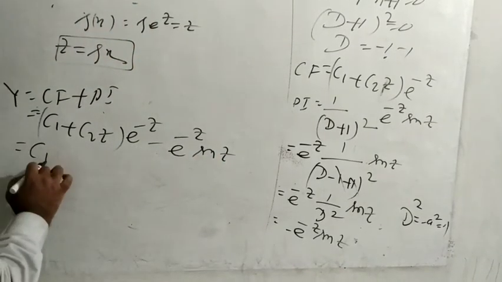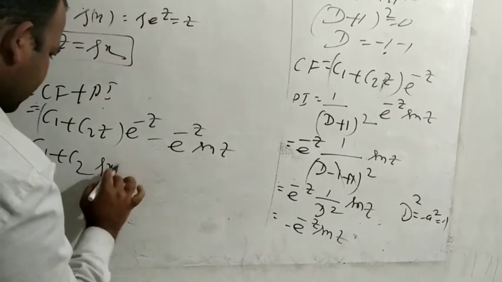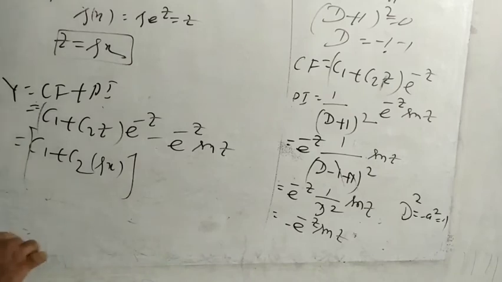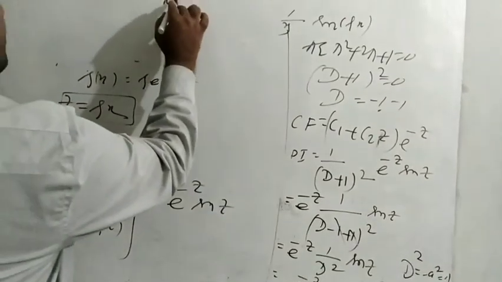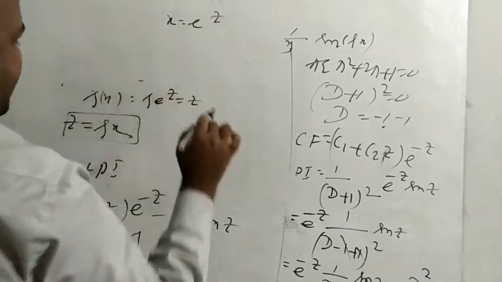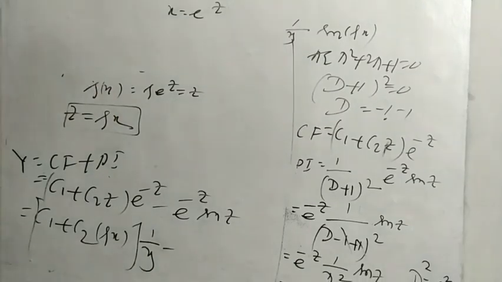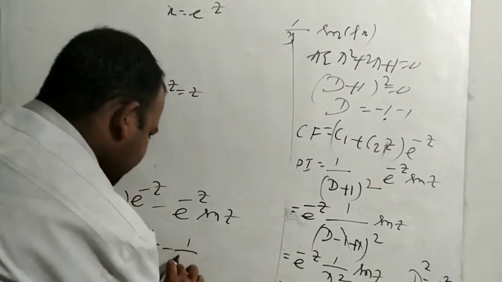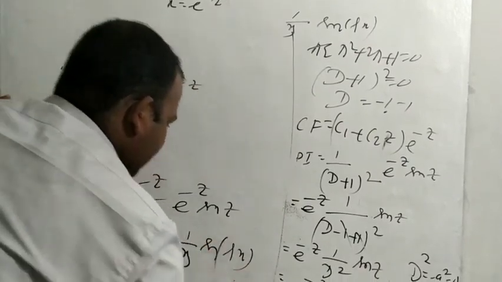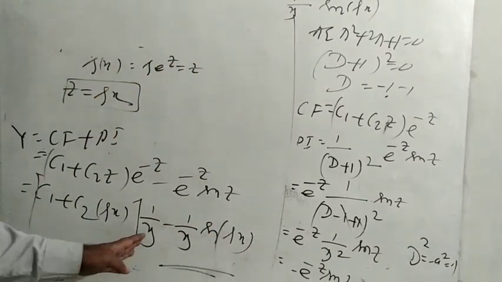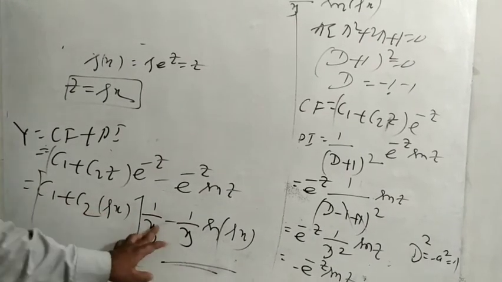What is the value of z? z equals to log x. e raised to minus z, meaning x equals to e raised to z, so e raised to minus z means 1 upon x. And minus e raised to minus z, meaning 1 upon x, and sin of z, sin of log of x. Or you can take the 1 upon x common, (c1 plus c2 log x) minus sin of log x.